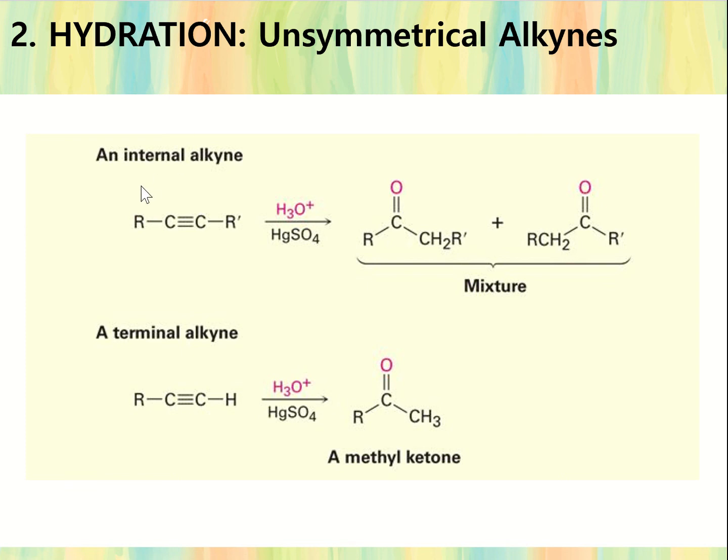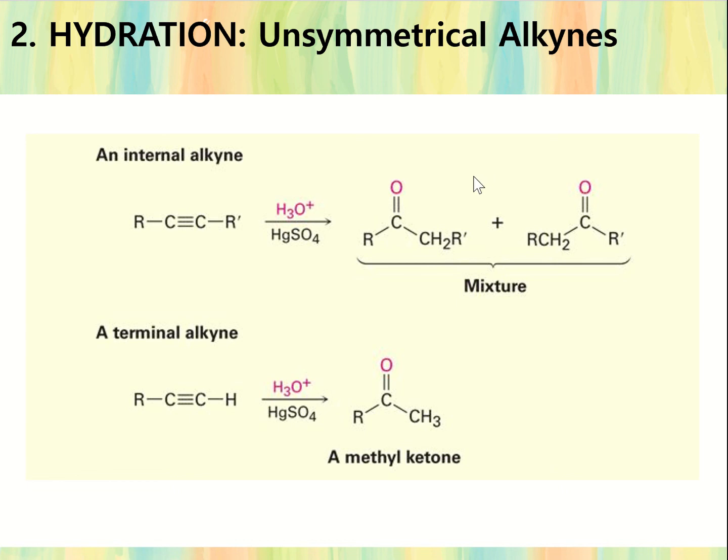And as usual, as you would have seen, a lot of the times we compare symmetrical versus unsymmetrical species. This is no different. So here we're looking at the unsymmetrical alkynes. So an internal alkyne seen here, and if it undergoes, in the presence of, remember what we have, water, sulfuric acid, and mercury sulfate, right?